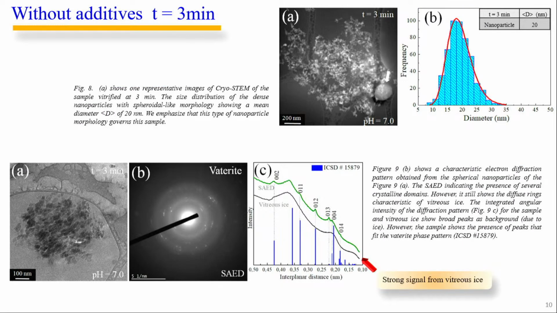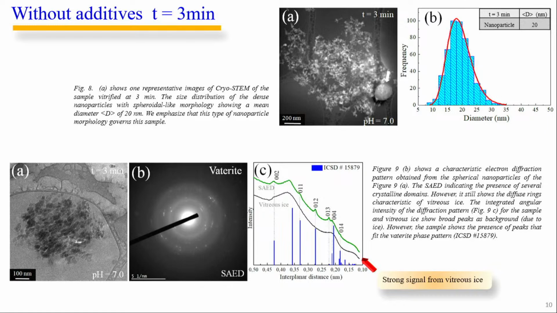Sampled at 3 minutes, in Figure A, we show a representative cryo-STEM image of the sample vitrified at 3 minutes. The size distribution of the dense nanoparticles with spheroidal morphology shows a mean diameter of 20 nanometers.